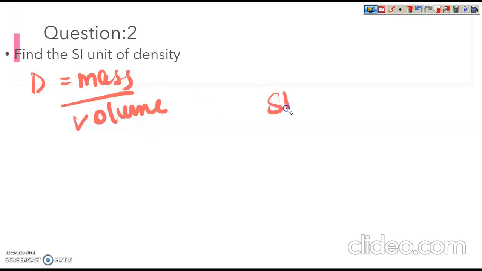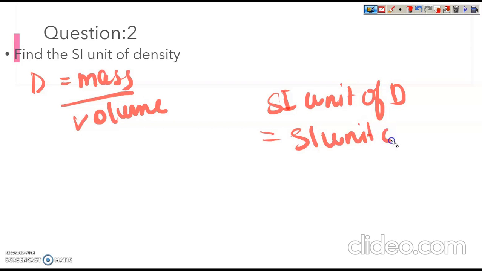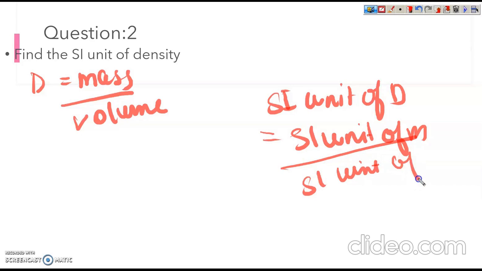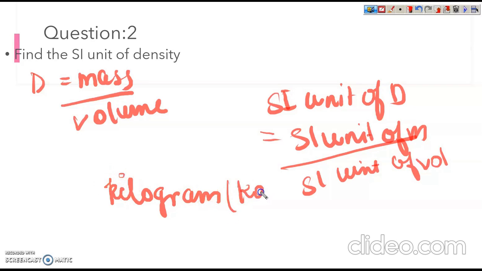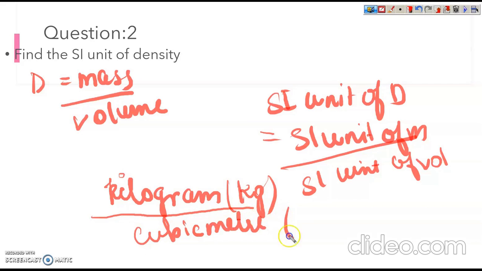So the SI unit of density is SI unit of mass divided by SI unit of volume, which is equal to kilogram over cubic meter, which we can write as m cube.